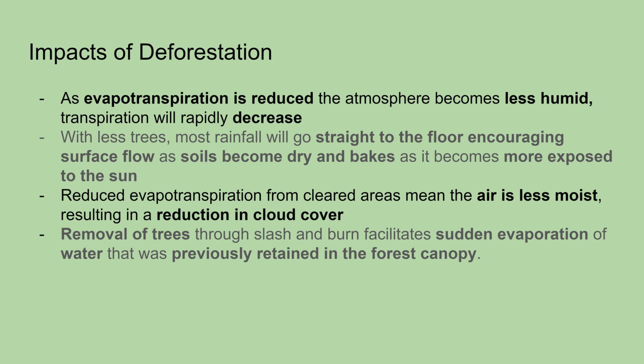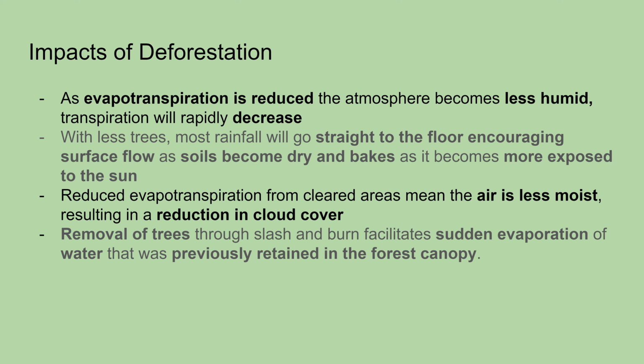So some impacts of deforestation. As evapotranspiration is reduced, the atmosphere becomes less humid, and transpiration will rapidly decrease. With fewer trees, most rainfall will go straight to the floor, encouraging surface flow. Soils become dry and bake as they become more exposed to the sun, which reduces the amount of water that can actually go through the soil.